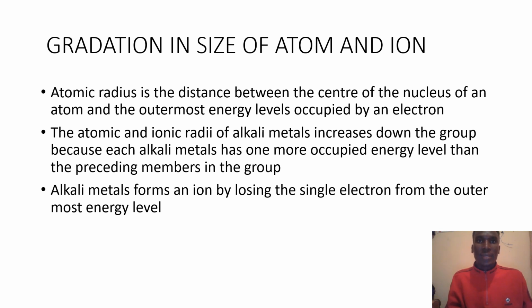An alkali metal forms an ion by losing the single electron from the outermost energy level. The resulting ion, which is the cation, has one occupied energy level less than the corresponding atom. Hence, the ionic radius of alkali metals is less than the atomic radius.